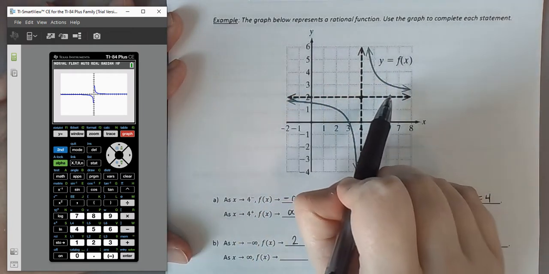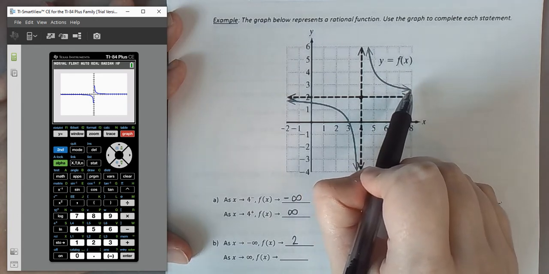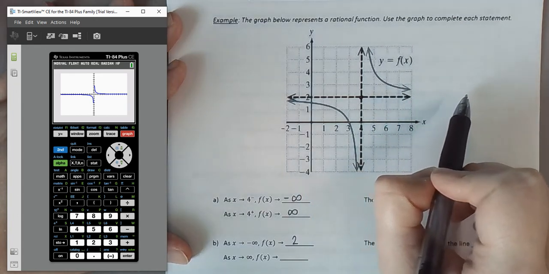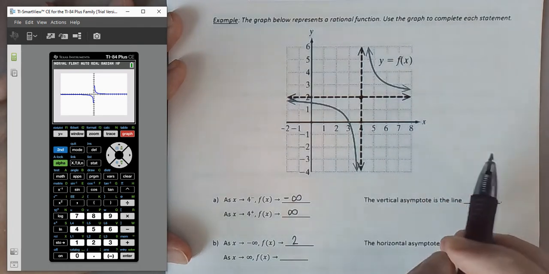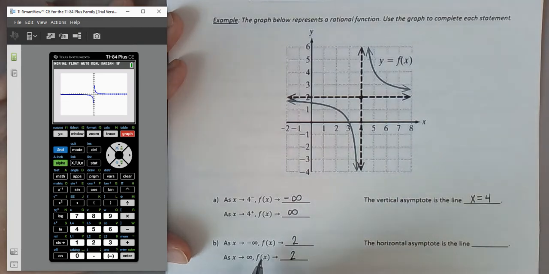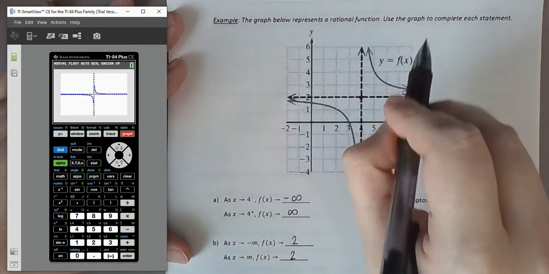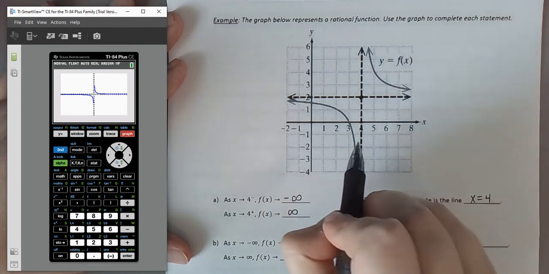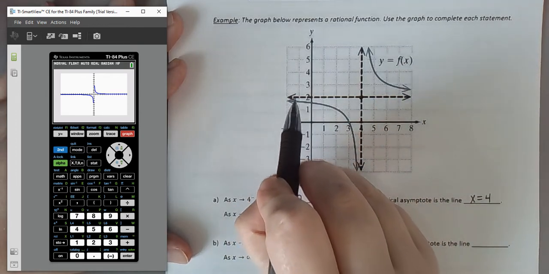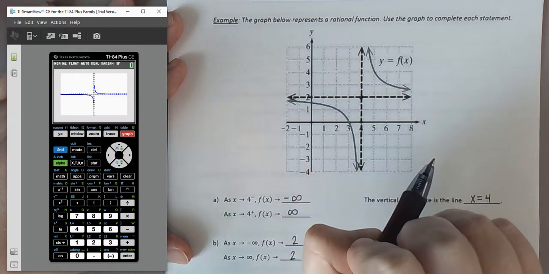So maybe we're at about 2.7, 2.8, then about 2.5, getting infinitely close to the number 2. But here, as we go towards positive infinity, we're approaching the value 2 from above. So on the left-hand side, we're approaching 2 from below. On the right-hand side, we're approaching 2 from above.